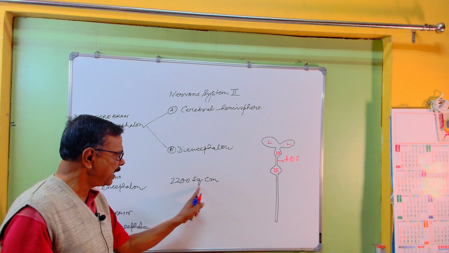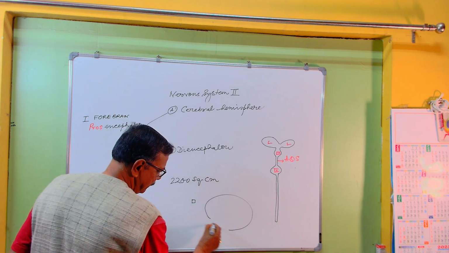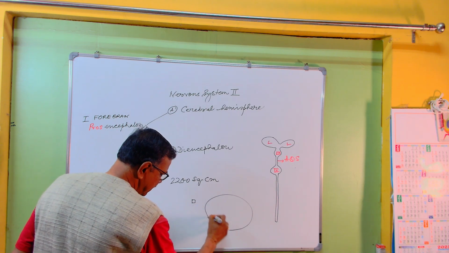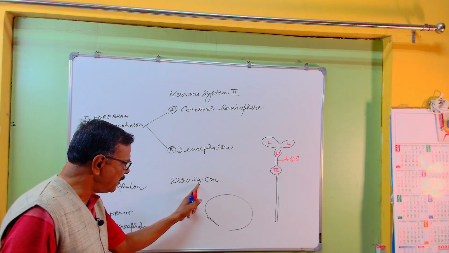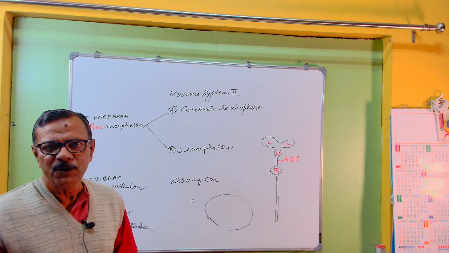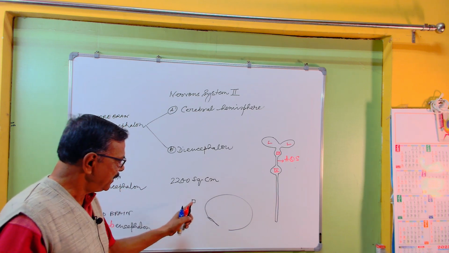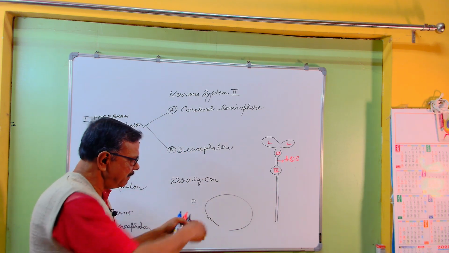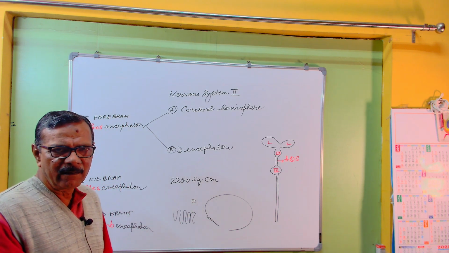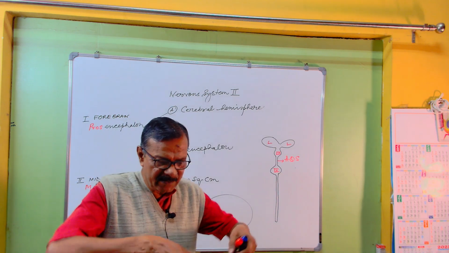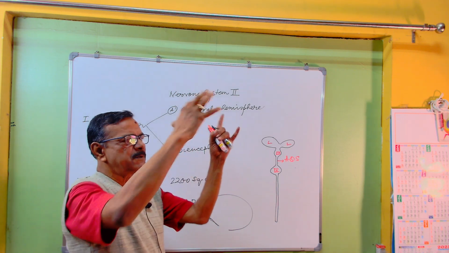It is more than the internal surface of the skull. So as a result, what happens? It remains folded. So this cerebral hemisphere remains folded like this, like the sari of the girls. Since it is folded, it becomes bigger.